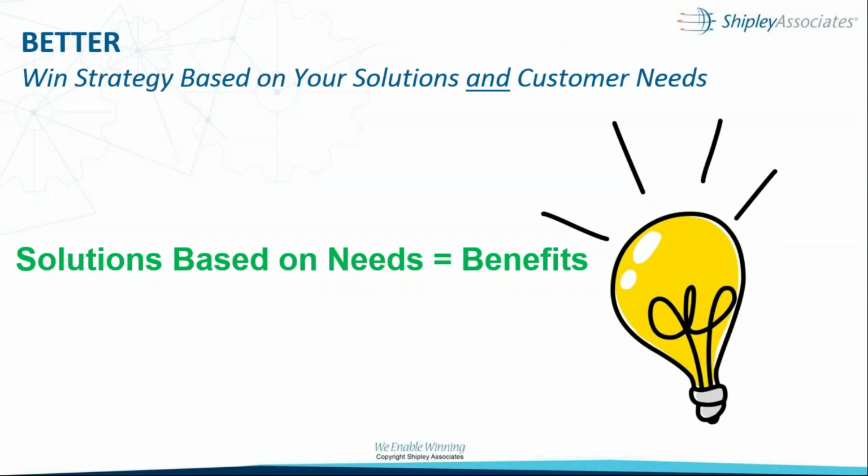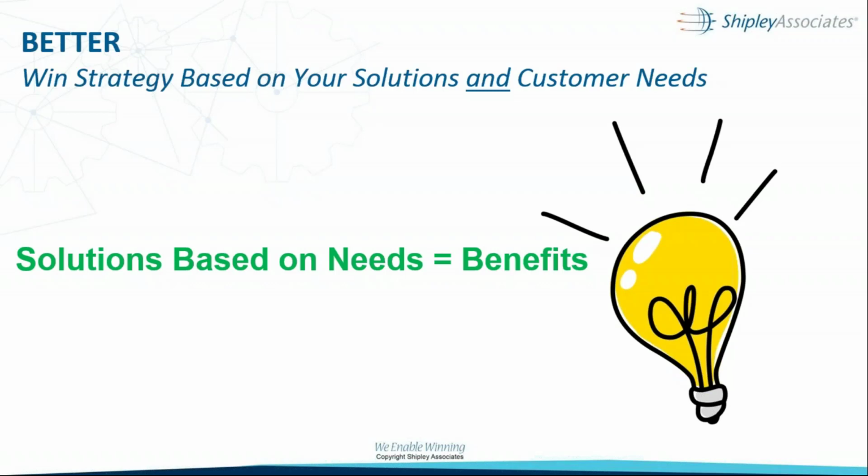So moving up from good to better combines our solution with customer needs, and we'll talk about defining customer needs and how you go through that process in a minute. Bridging the two topics, I suggest to clients that your solutions in and of themselves have no inherent value to your customer. They are features that may or may not be important to them.